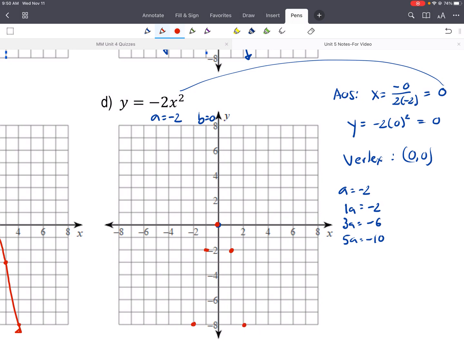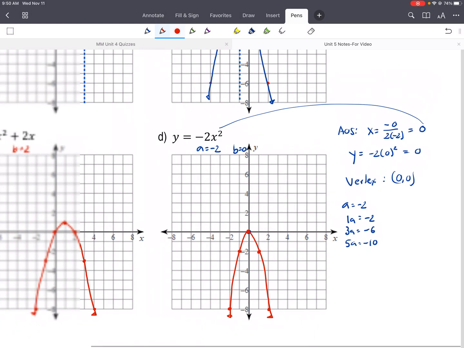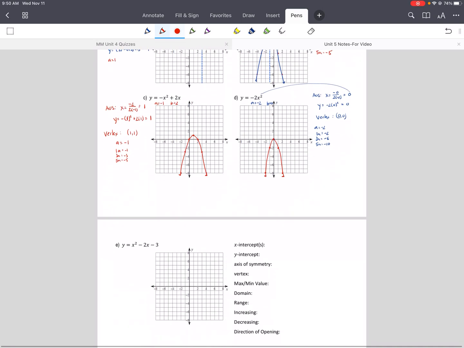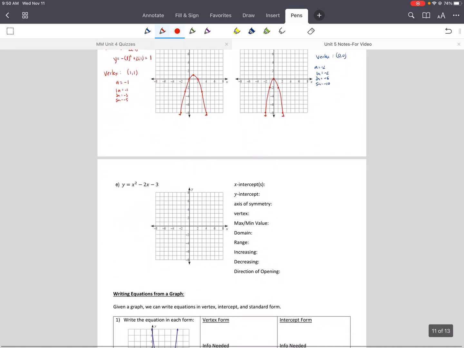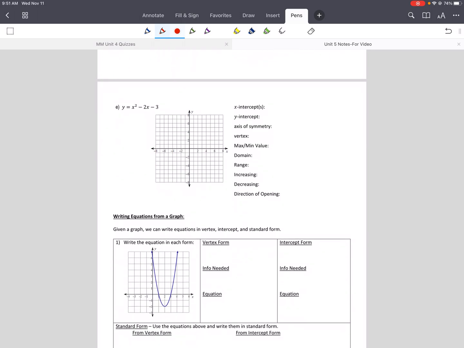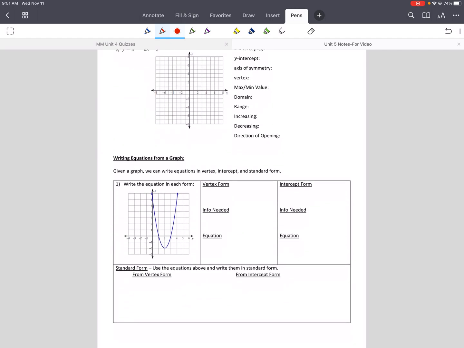Again, we just need 5 points, so that's good enough. And we're done. Okay, so we'll probably just save that for letter E. You're welcome to give that a try. Review yourself on how to find the key features. All right. We'll probably do that in class, just for the sake of time for our video.